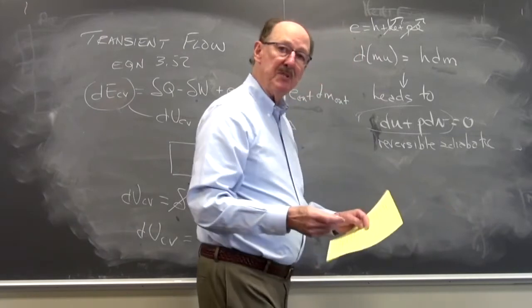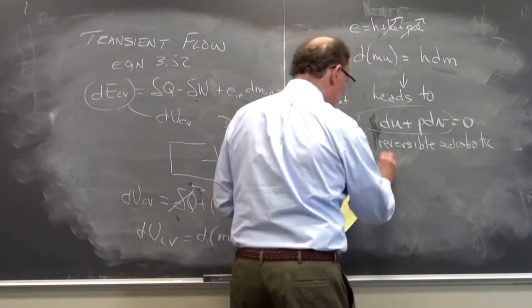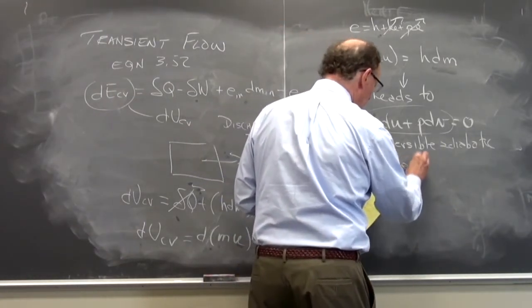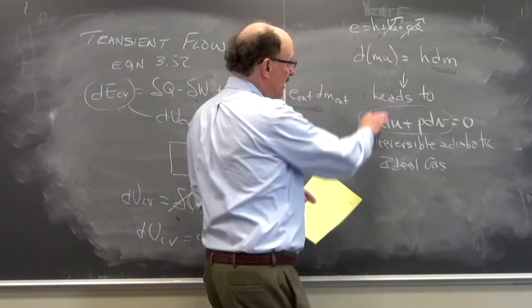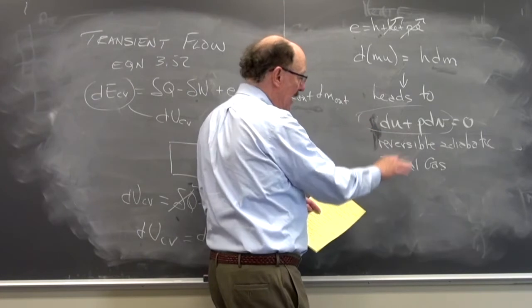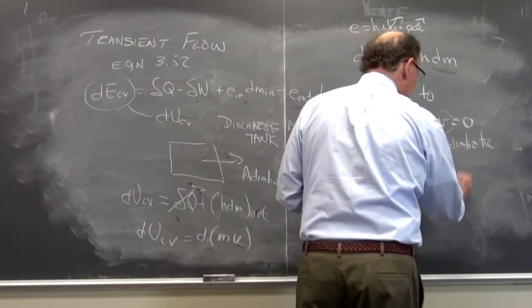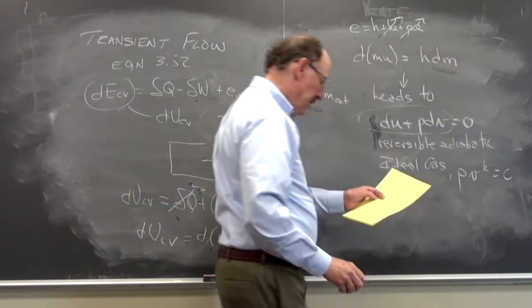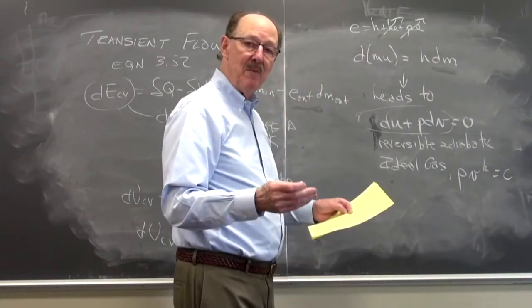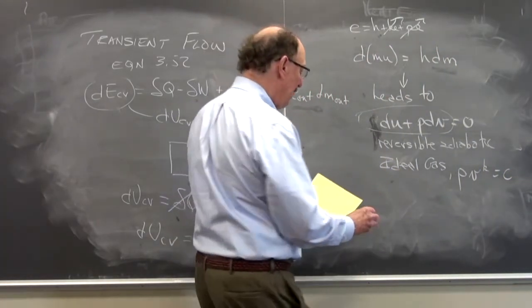So for our purposes, if we have it be an ideal gas, this is true in general. Now for an ideal gas, this is PV to the k is equal to a constant. So I can apply the ideal gas laws that we had before.